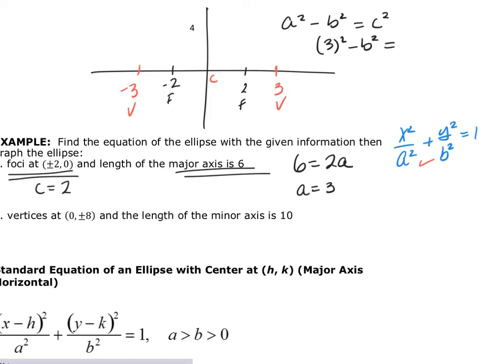Well, that's the distance from the center to my foci, so that is 2 squared. So then what I have is 3 squared minus 2 squared is equal to b squared. So 9 minus 4. So this is 5.